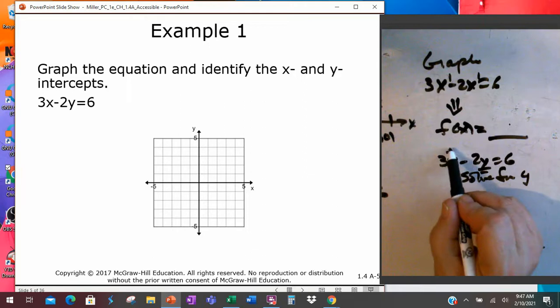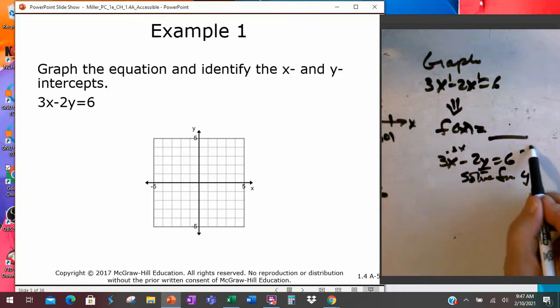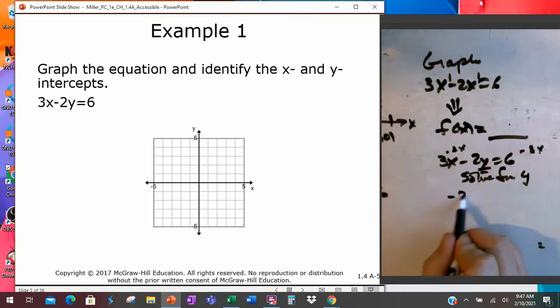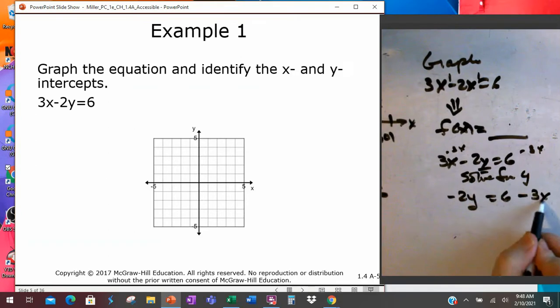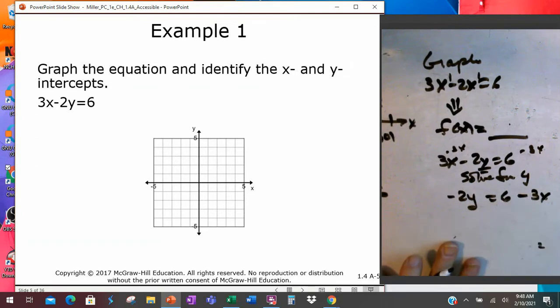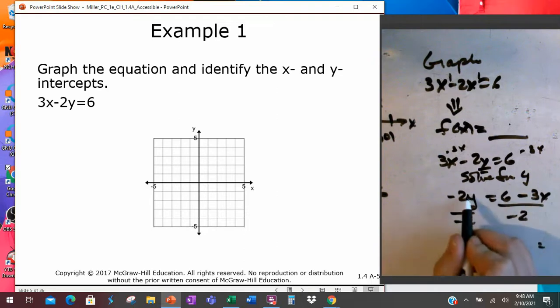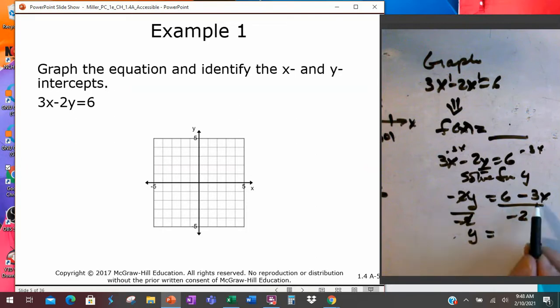So I'm going to get everything else over on the other side. Now I'm going to subtract 3x from both sides. So I get negative 2y is equal to 6 minus 3x. And then I want to divide both sides by negative 2. So here I'm going to have 3/2 x, negative into negative, and then this into this.